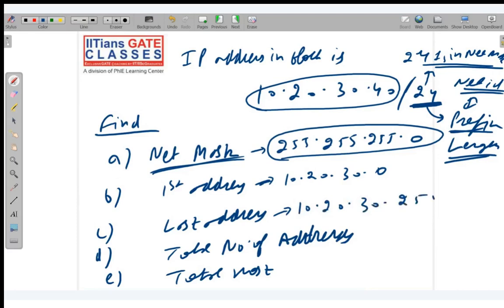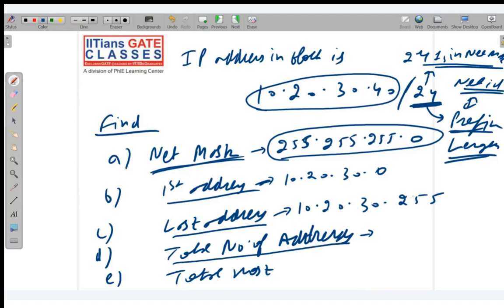Not AND, it is NOT of the net mask and then OR with the given IP address. We have solved the last address in previous lectures also. So for the last address, bitwise NOT the net mask and OR it with the given IP address.